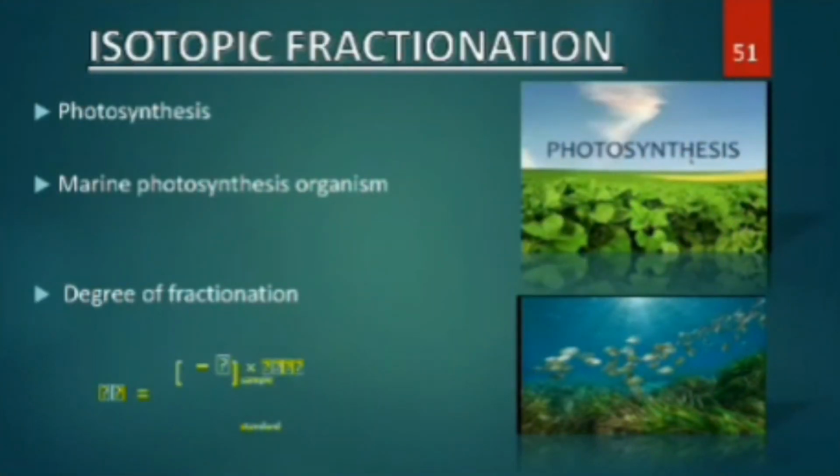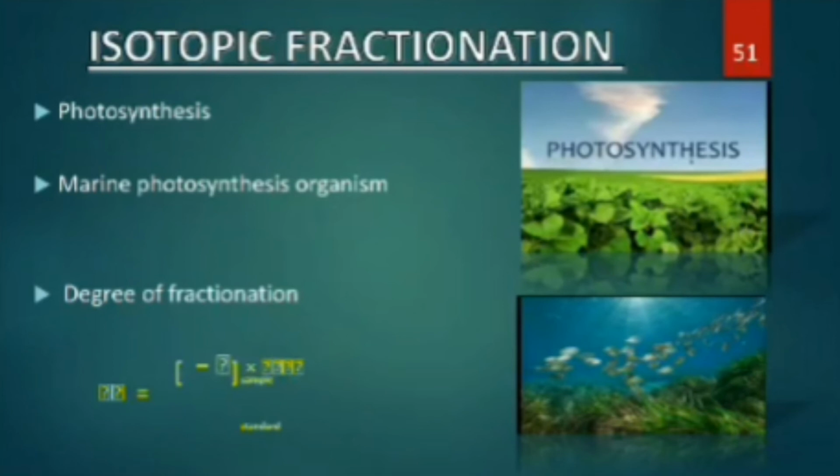Next I am going to the details of isotopic fractionation. First we think about photosynthesis. Photosynthesis is the primary process by which carbon moves from the atmosphere into living things. In the photosynthetic pathway, C12 is absorbed slightly more than C13, which then is more easily absorbed than C14.